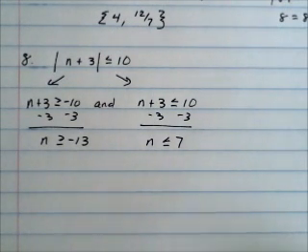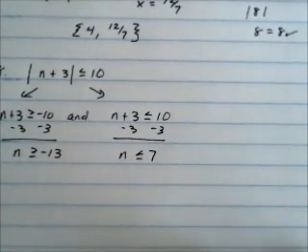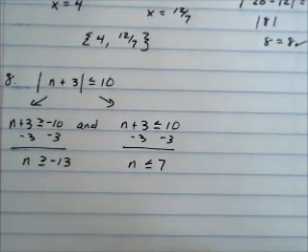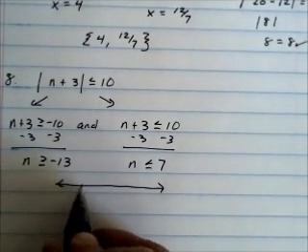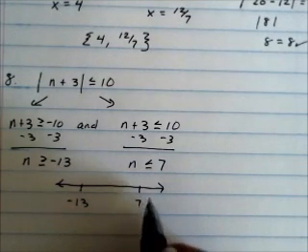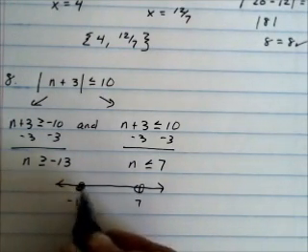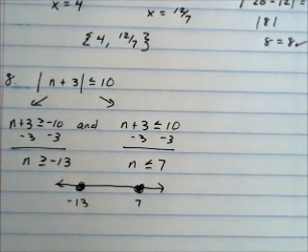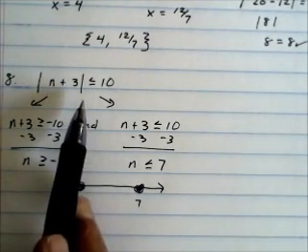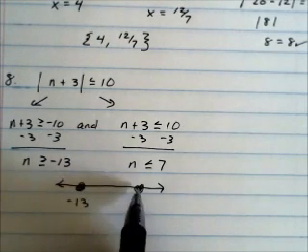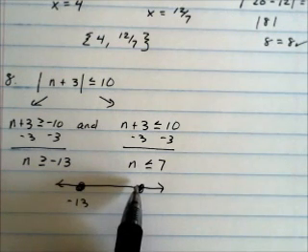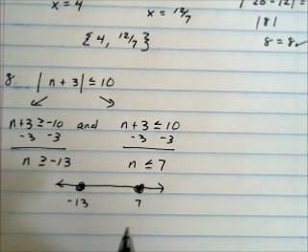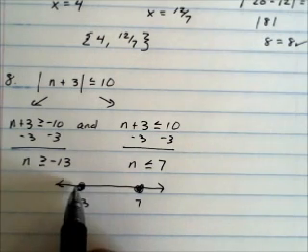Okay, so I'm going to ask you to show your solutions the 3 ways: graphically, symbolically, and using interval notation. Graphically, we place negative 13 and 7 on our number line, circle each, and fill in the circles. If our original is less than, that means the shading is going to be between these 2 integers. Greater than or equal to negative 13 shades to the right, and less than or equal to 7 shades to the left.